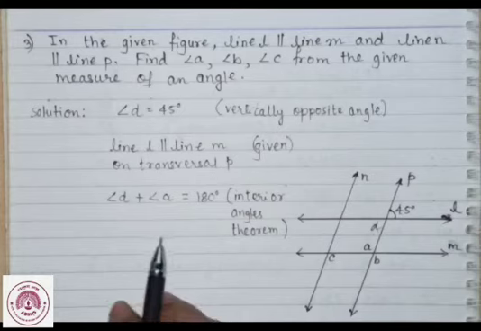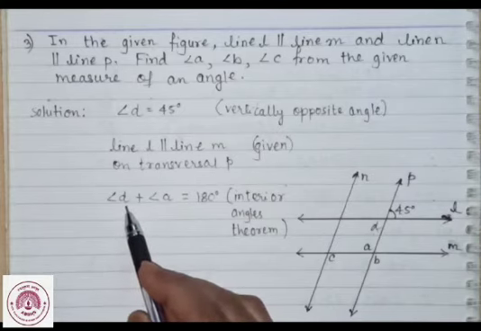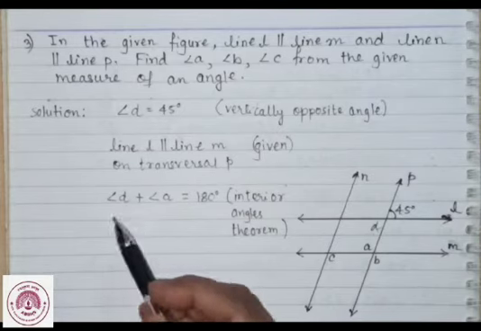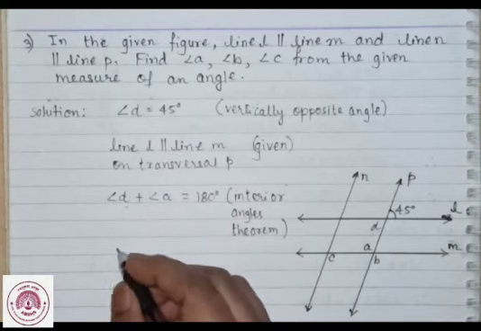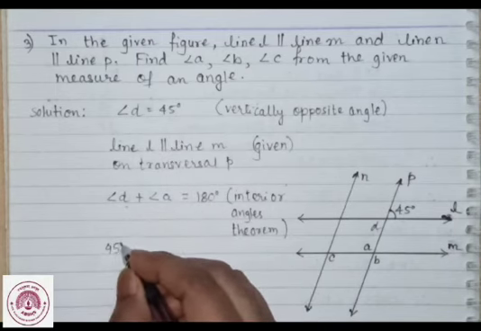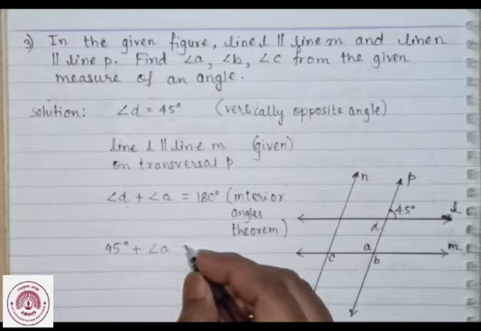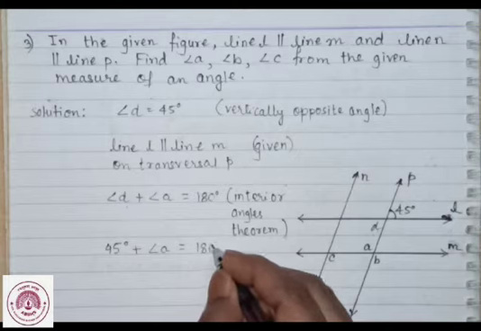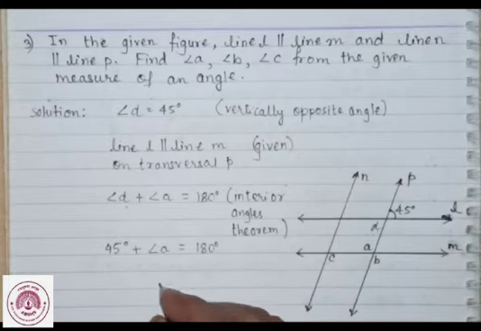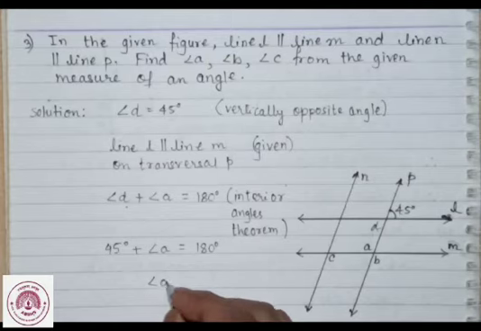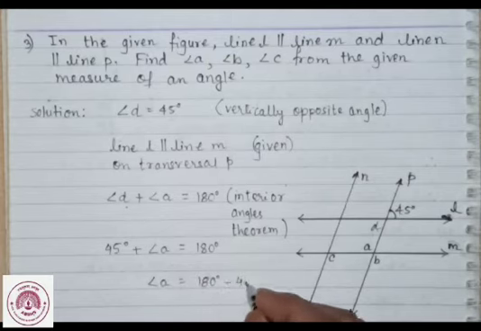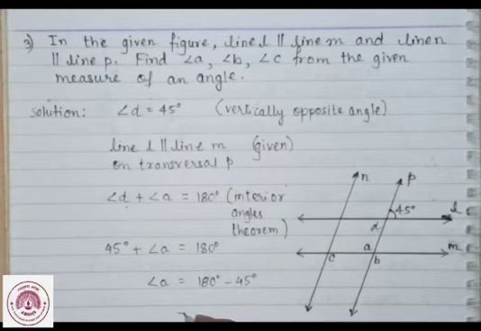Okay. Now we know the value of D. Angle D value is 45 degrees. So we'll substitute here D equals 45 degrees plus angle A equals 180 degrees. So angle A equals 180 degrees minus 45 degrees, which is equal to 135 degrees.